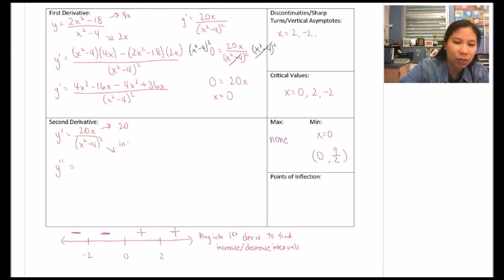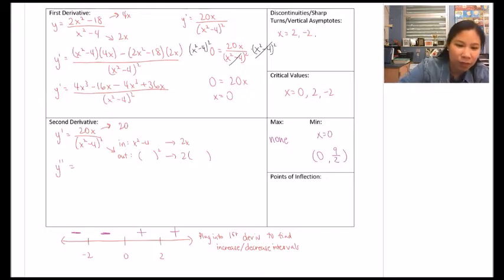Oh geez. So the inside is going to be x squared minus 4, the outside will be the stuff squared. So the derivative of the inside will be 2x, the derivative of the outside will be 2 times that stuff. So chain rule will be derivative of the inside times the derivative of the outside.